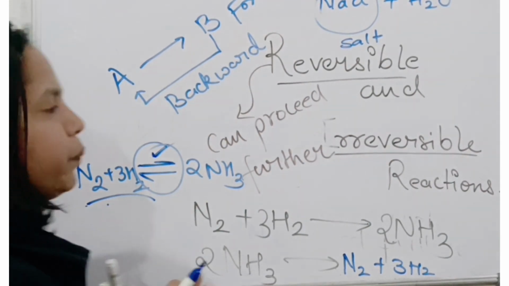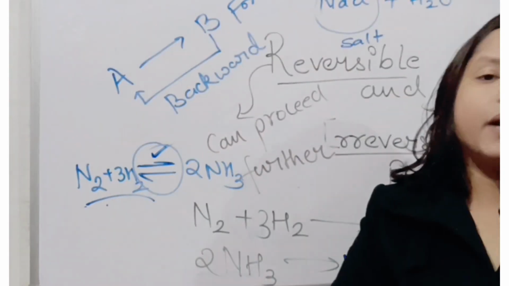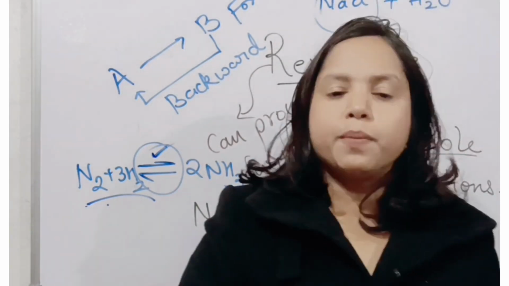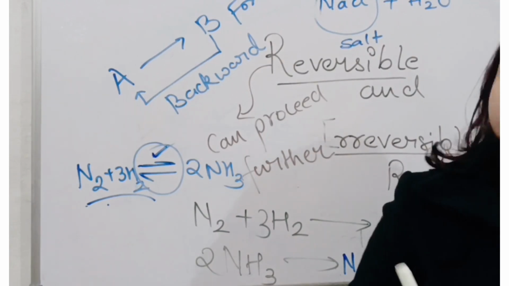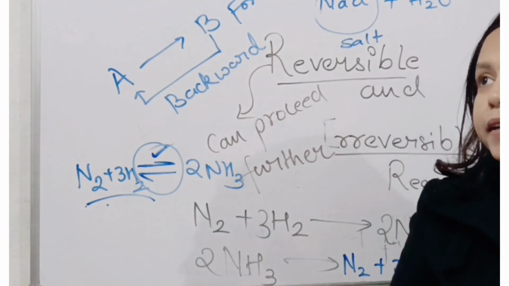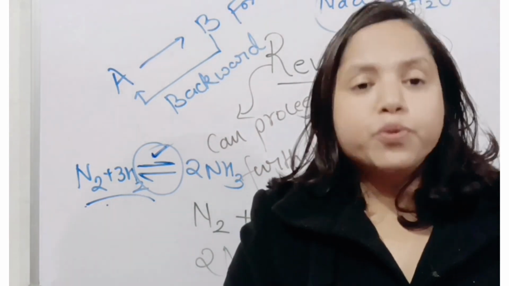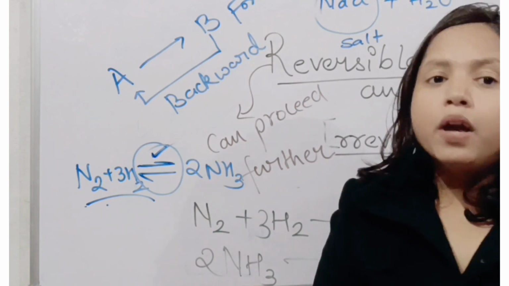Okay, so I hope it is very clear from this video what the basic differences are between reversible and irreversible reactions. Suppose a number of reactions are given to you and it says identify which one is reversible and which one is irreversible. How are you going to identify?